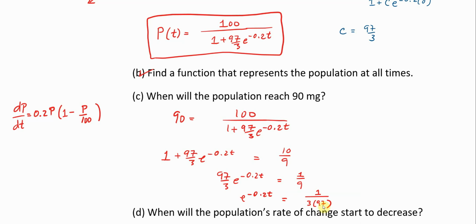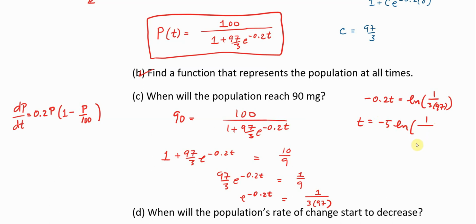And then take the natural log of both sides. On the left, we get negative 0.2 t. On the right, we get the natural log of 1 over 3 times 97. And then divide everything by negative 0.2, or multiply by negative 5.